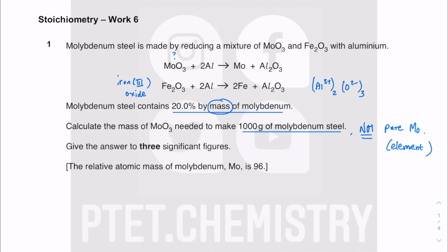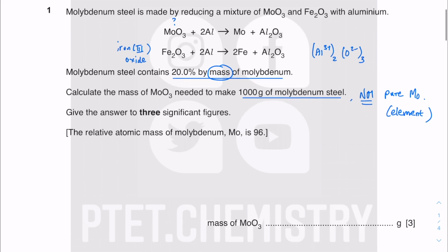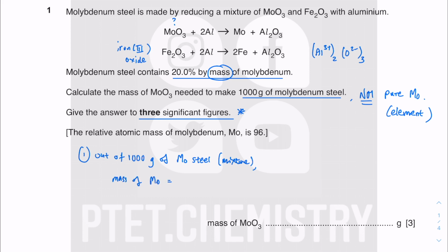So I guess the first thing I will need to do, actually they want your answer to 3 significant figures, so don't forget that as well. The first thing I would do is, out of 1000 gram of the molybdenum steel, which is the mixture, not the element, what is the mass of molybdenum? Because the mass of molybdenum is the pure molybdenum.